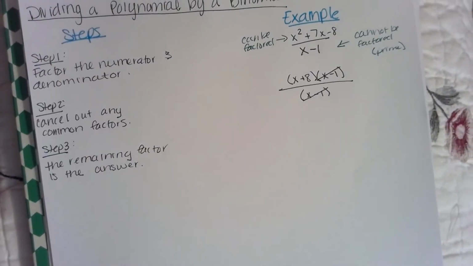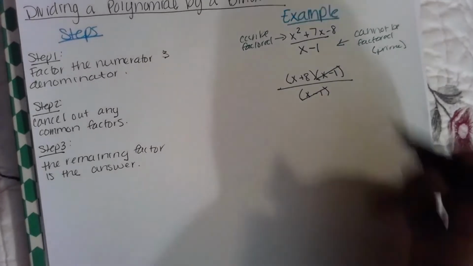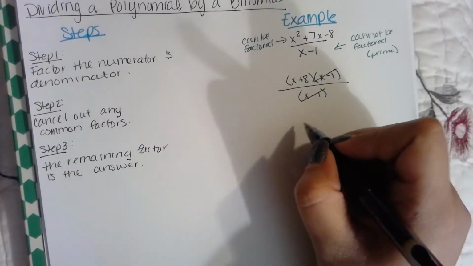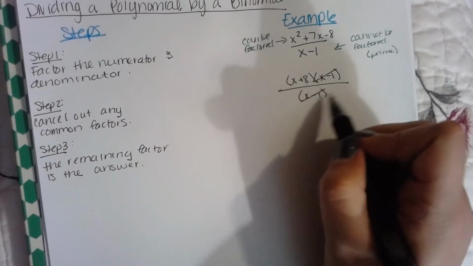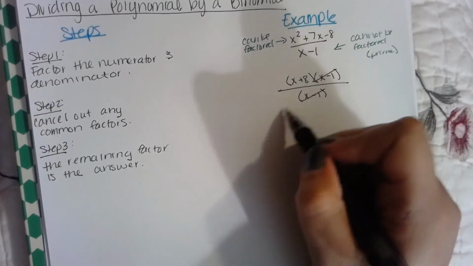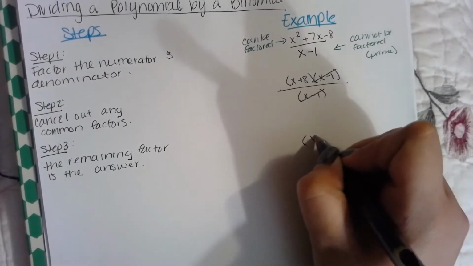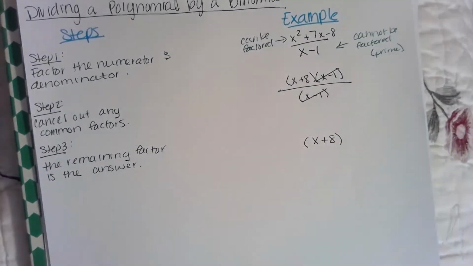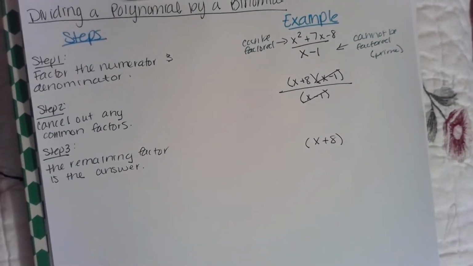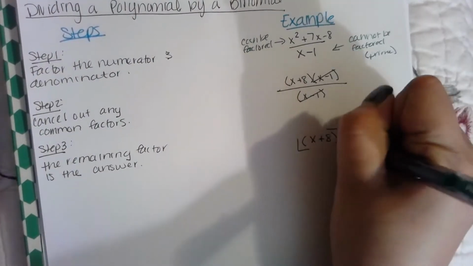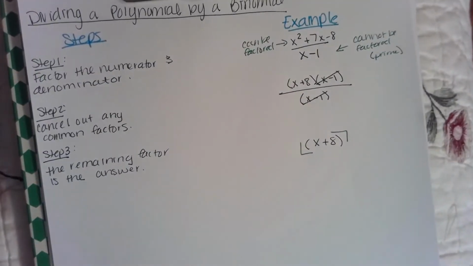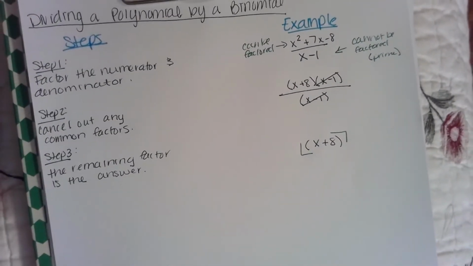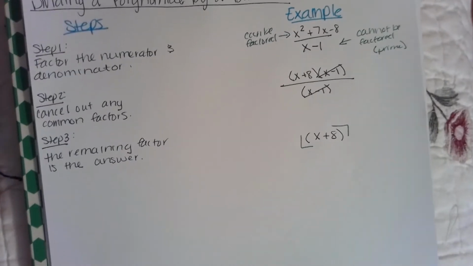Since these two canceled each other out, that just left us with x plus 8. So that's your answer. Alright, so that's the basics of what we're going to do. Now let's look at some examples.